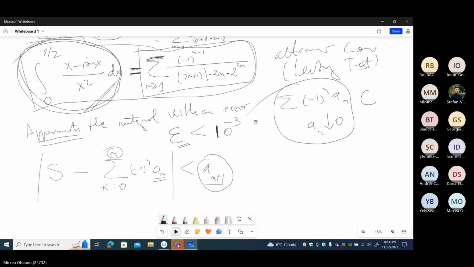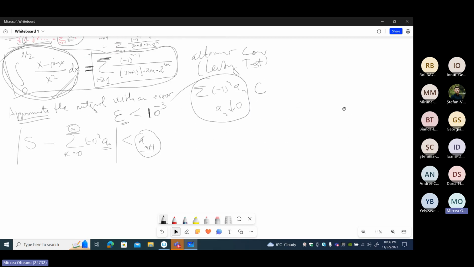So let's see how we apply it. It's very simple. We just need the least n which satisfies the condition: modulus of, in our case, 1 over (2n+1)! times 2n times 4^n must be less than the given error.